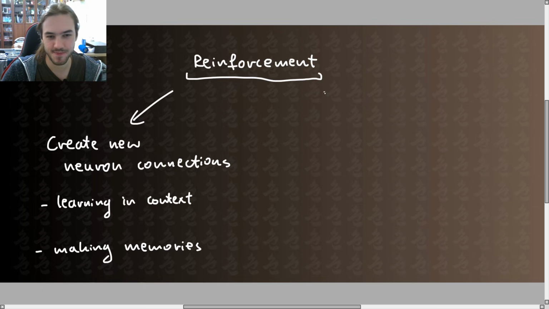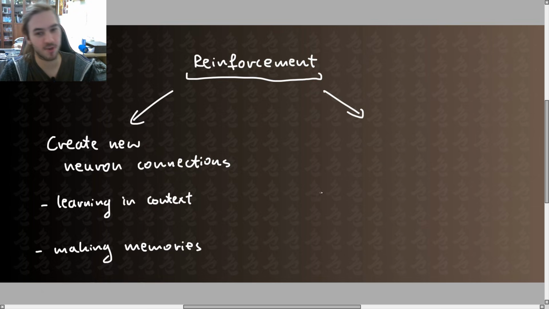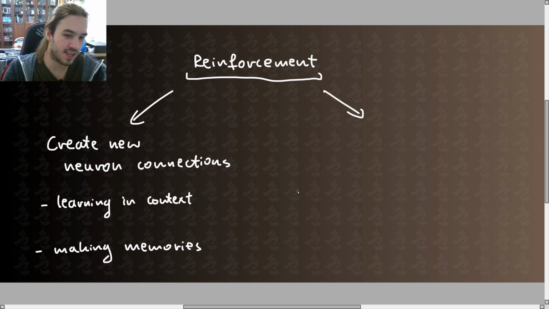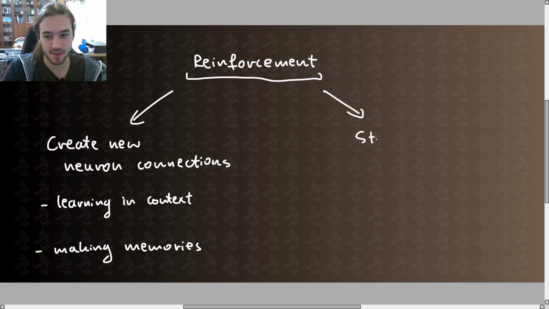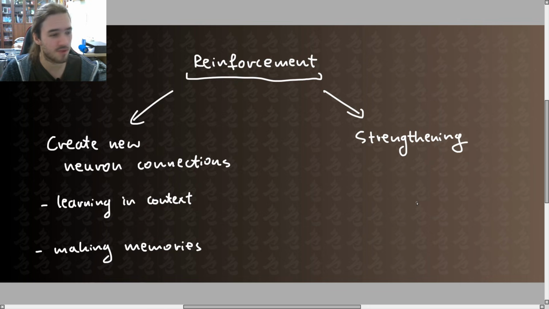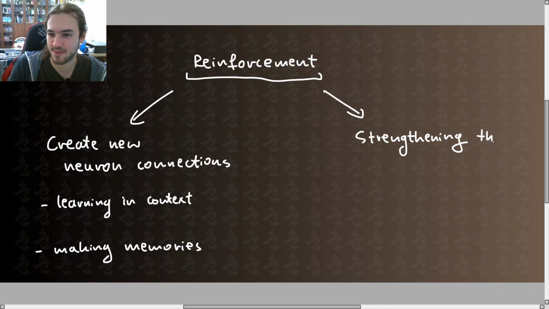Okay, and there's also another way to reinforce already learned stuff. It's not creating new neuron connections, it's strengthening the already existing ones. Strengthening, I think that's the correct spelling, right? Don't quote me on this one. I teach Japanese, not English, so sorry. Strengthening the existing ones.